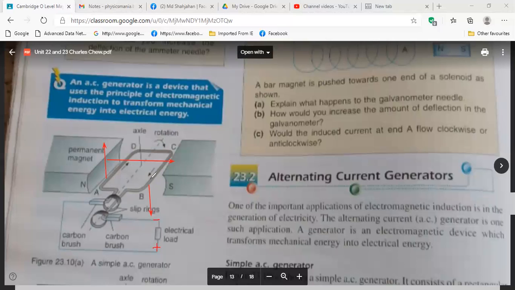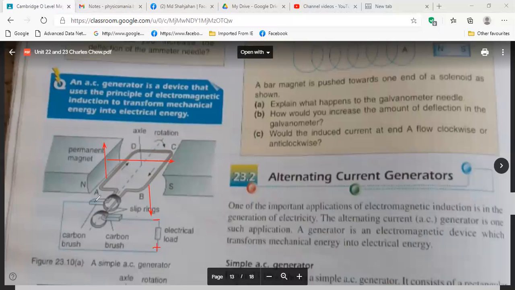So at that time in AD, the current flow will be negative on this side, right? Now from AD we are having positive, isn't it?